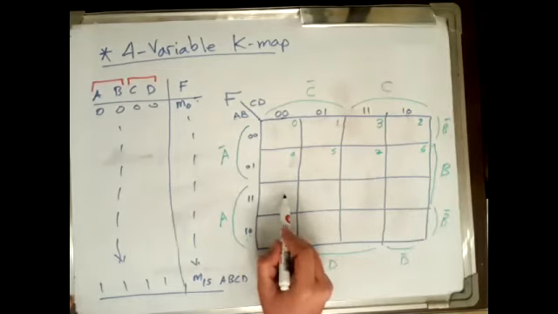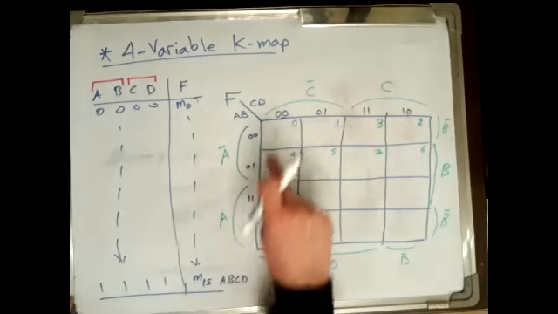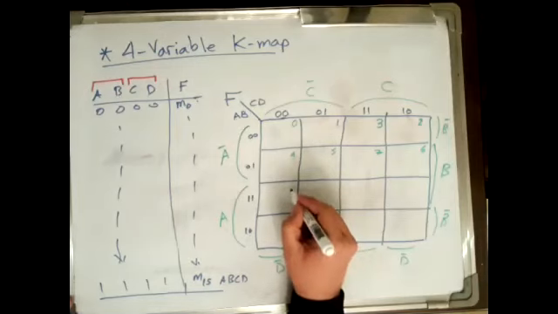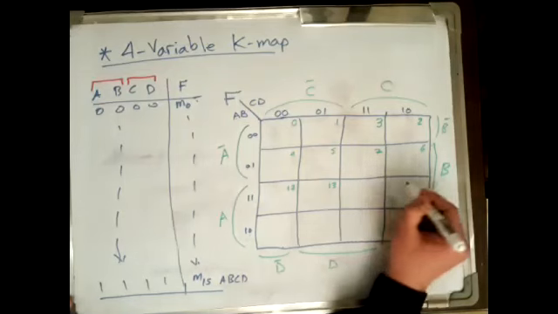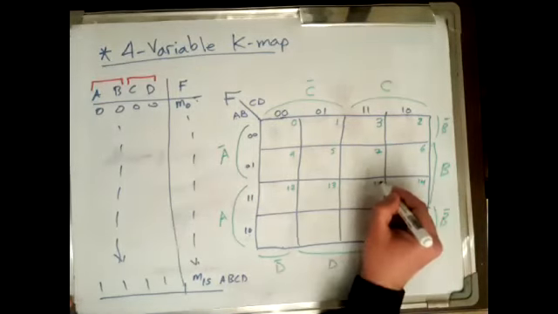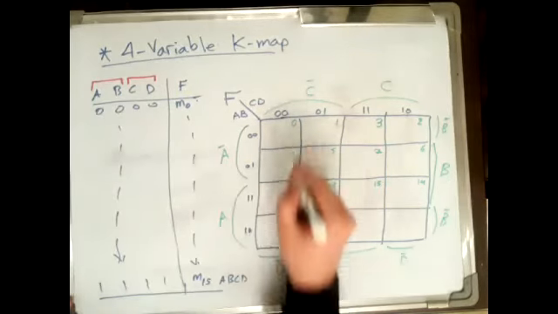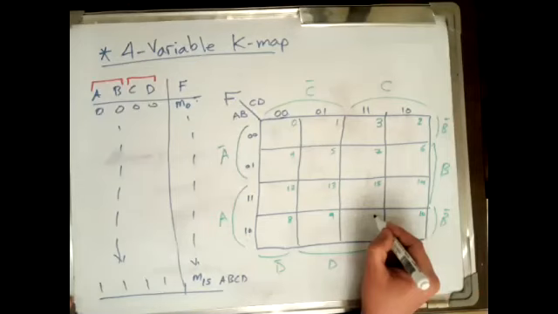For this square, what is the minterm that corresponds to it? It is 1, 1, 0, 0, which is 12. So this is 12. It is not 8. This will be 13, 14, 15. 8 is here: 1, 0, 0, 0. So this is 8, 9, 10, 11.